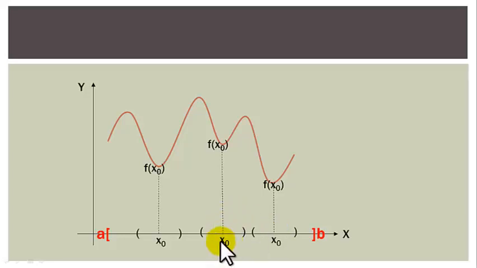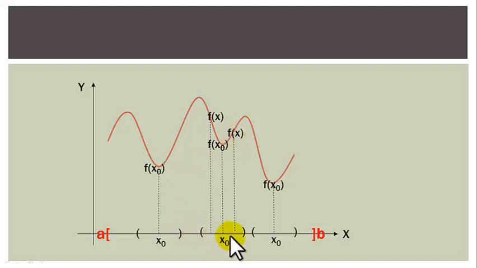Now, let us consider the middle local minimum point. Observe that for any point x taken within this small neighborhood, if we take the point to the left of x0, the value of the function will be here. So at that point we have f of x. If we take it to the right, we'll have the value of the function here, which is also f of x.